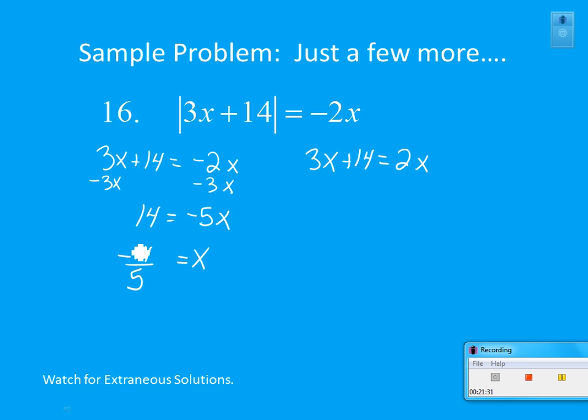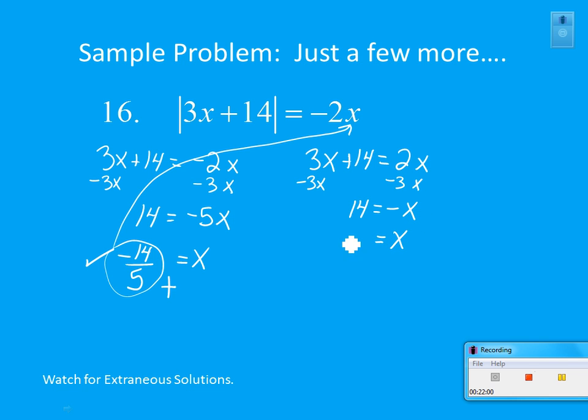Pause for 1 second. If I plug a negative number right there, I'm going to have a negative times a negative, which is a positive. That means this answer is okay to use because it gave me a positive number over here. Let's try this one, though. Let me minus 3x from both sides. So I've got 14 equal negative x.